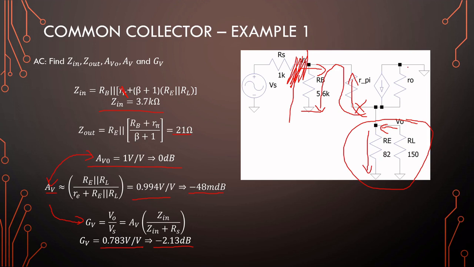That is why they will typically use Darlington pair transistors for these output stages, to have a very large beta value so that RB can increase in size. But in general, it's better to use a current source here and have it as a class A amplifier.